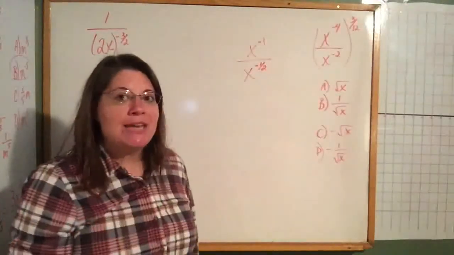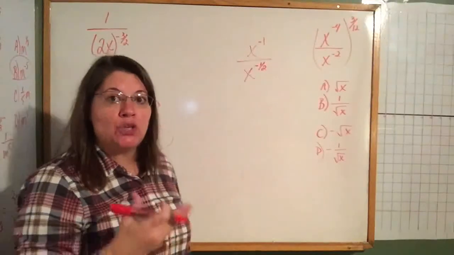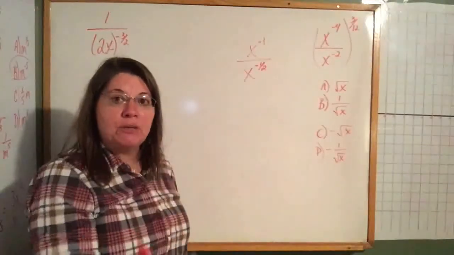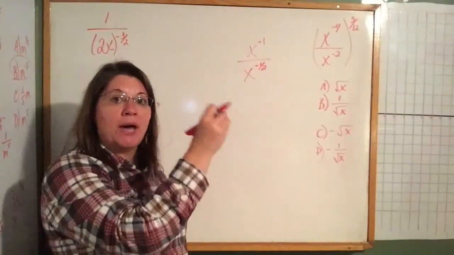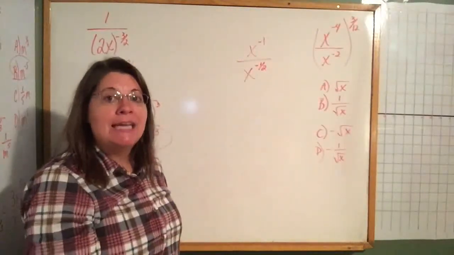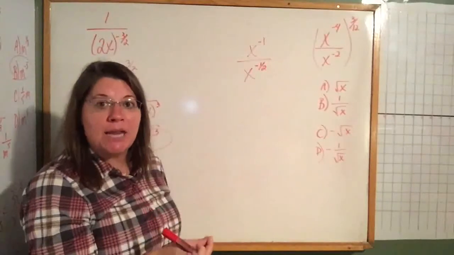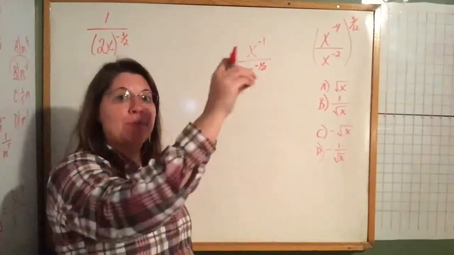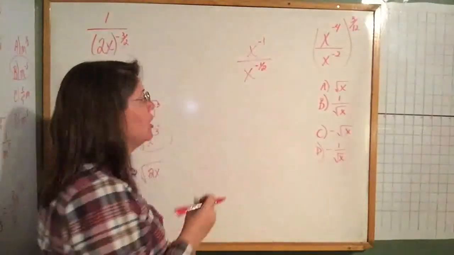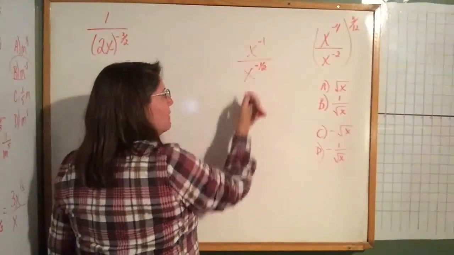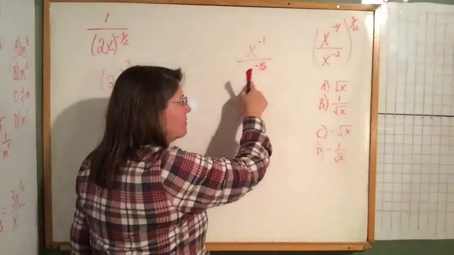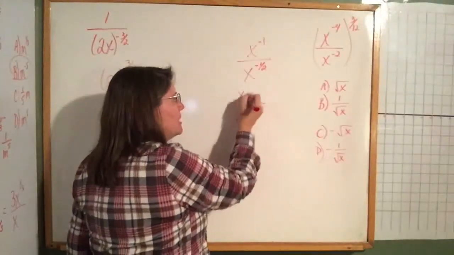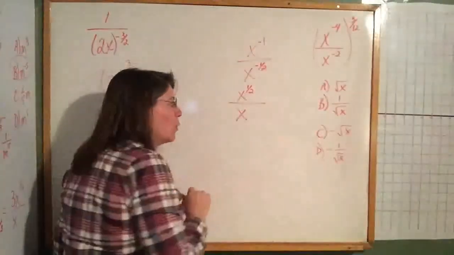Then, if I have negative exponents, I need to change them to positives and put them to the opposite spot. So if it's a negative in the numerator, I change it to a positive and put it in the denominator. If it's a negative exponent in the denominator, I change it to a positive and put it as a positive exponent in the numerator. So here, x to the negative 1 goes to the bottom as x to the first. And here, x to the negative 1/2 goes to the top as x to the positive 1/2.